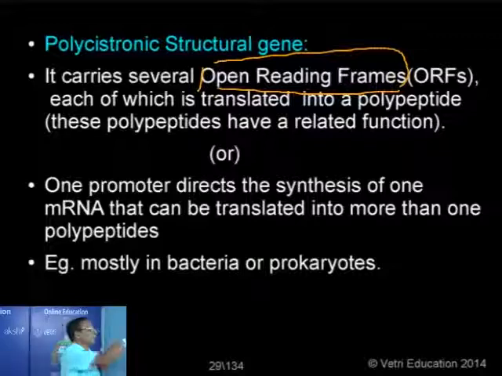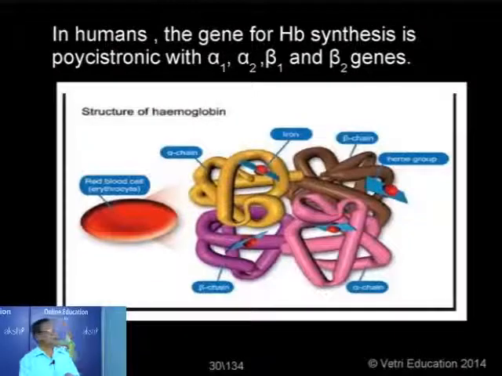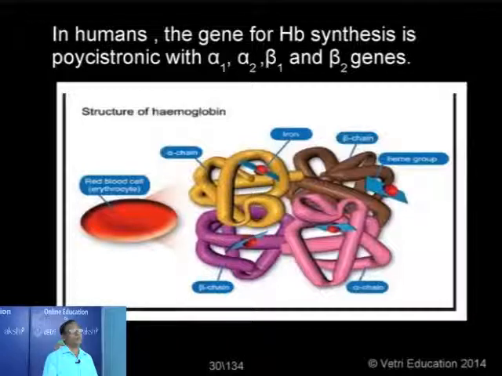Let's see now the examples. Though I am saying that in eukaryotes you have a monocistronic gene, we also have exceptions. This is the structural arrangement of the hemoglobin molecule. The hemoglobin molecule is a conjugated protein formed of a heme, an iron-containing compound, a porphyrin ring, plus globin, the protein part.